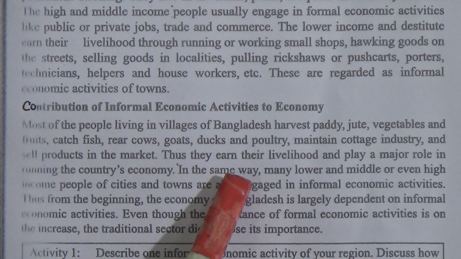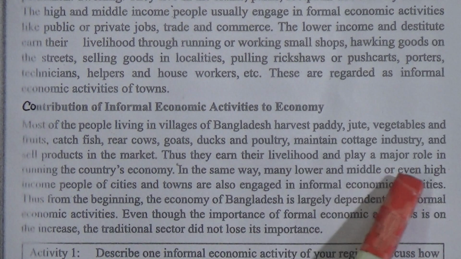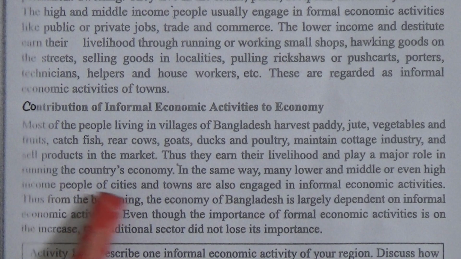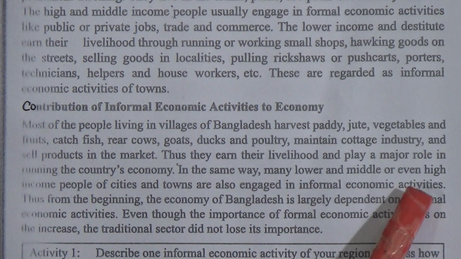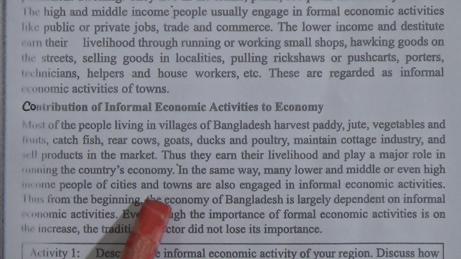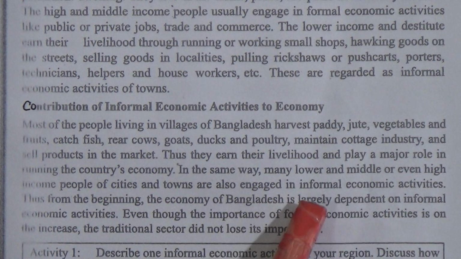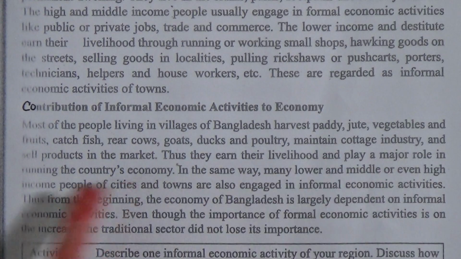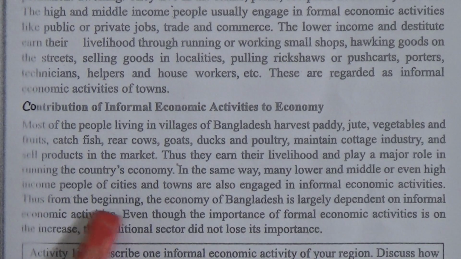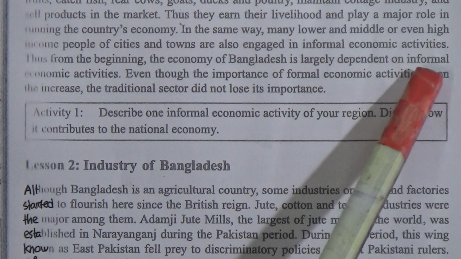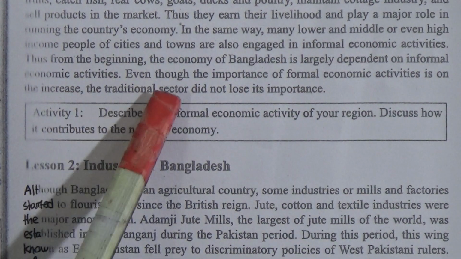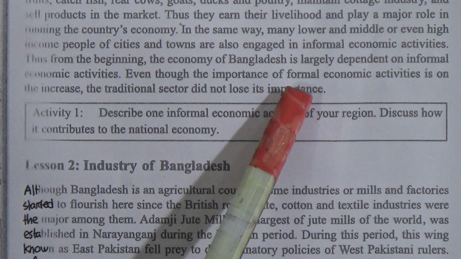In the same way, many lower and middle or even high income people of cities and towns are also engaged in informal economic activities. Thus, from the beginning, the economy of Bangladesh is largely dependent on informal economic activities. Even though the importance of formal economic activities is on the increase, the traditional sector did not lose its importance.